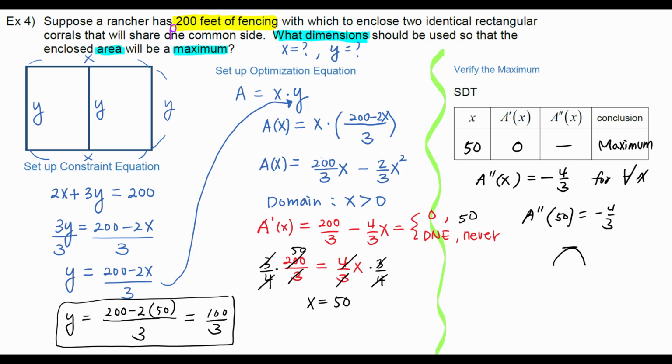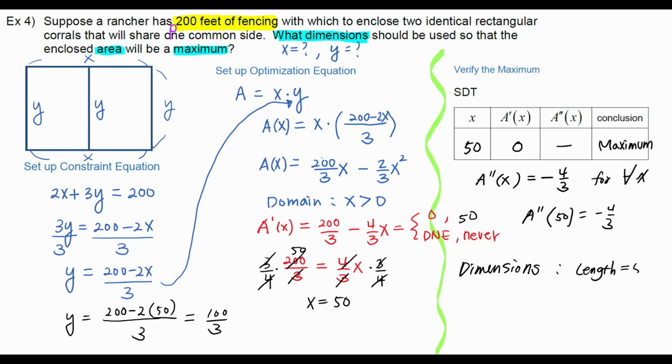That is the width that produced the maximum area. So my final solution is dimensions: length equal 50 feet, and my width is 100 over 3 feet. So this is my answer.